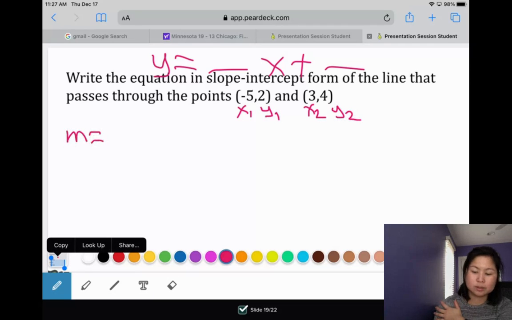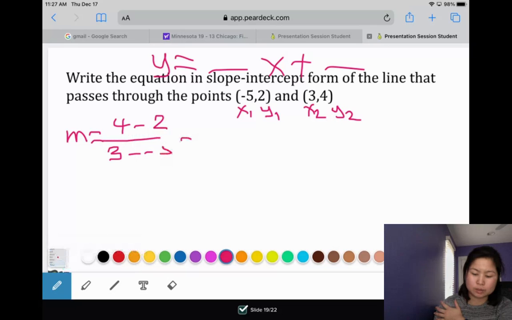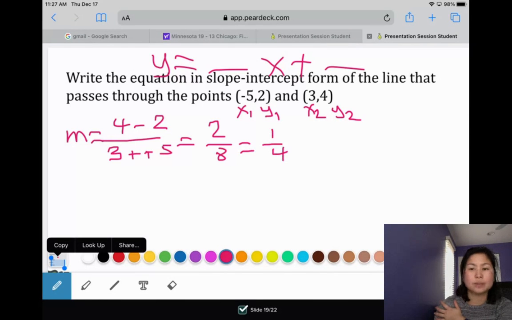I'm going to find the slope: y2 minus y1 over x2 minus x1. That gives 1 over 4. This is my slope. Fill that in. Now we need to find the y-intercept, okay?